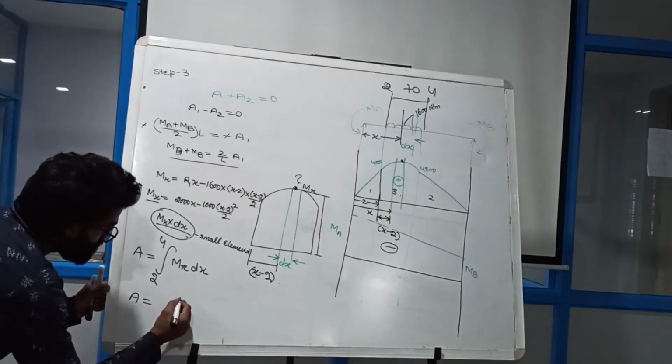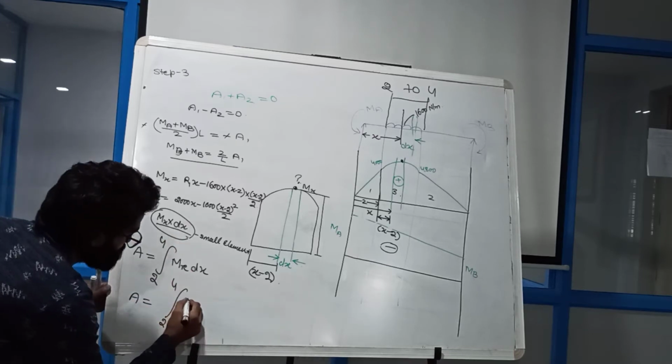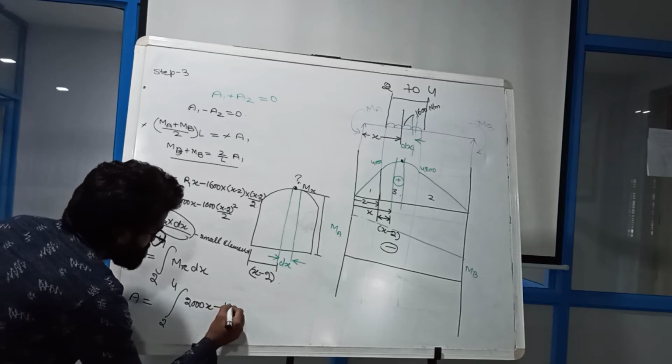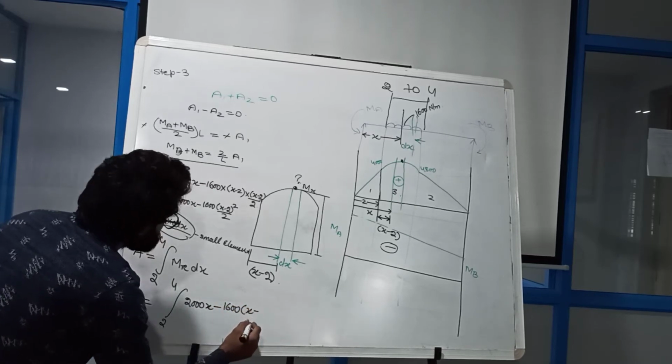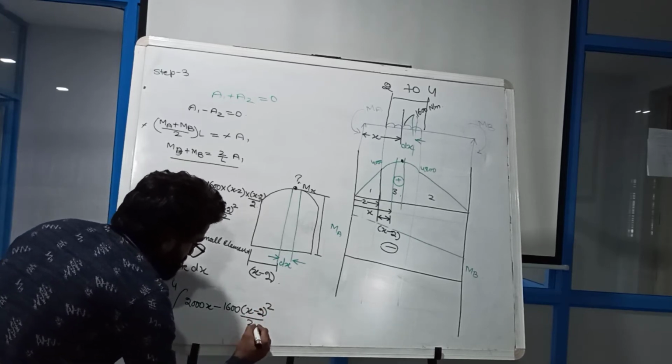Area is equal to integration from 2 to 4. For Mx, I will put 2000x minus 1600x minus 2x squared divided by 2, into dx.